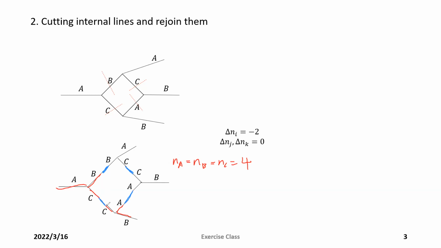And when we rejoin these two C lines, the C lines will decrease by 2. So you can see every time we rejoin, we still preserve the all odd or all even condition. So this is another approach to this question.